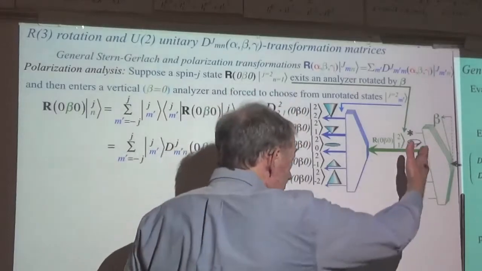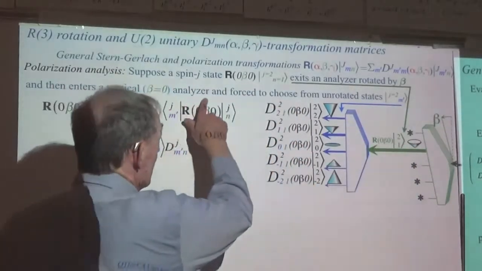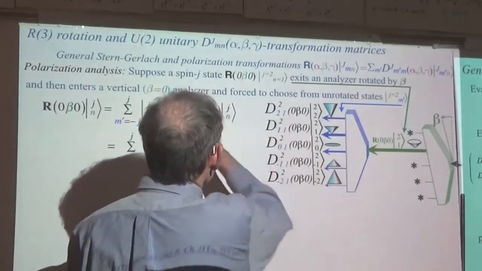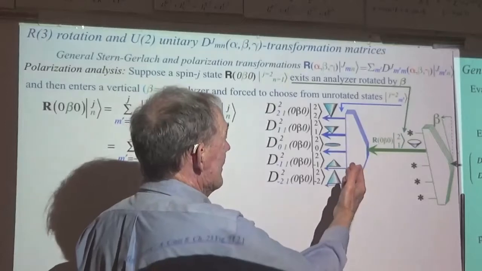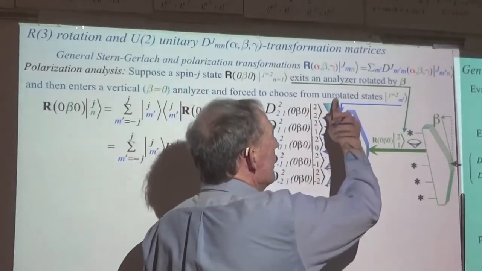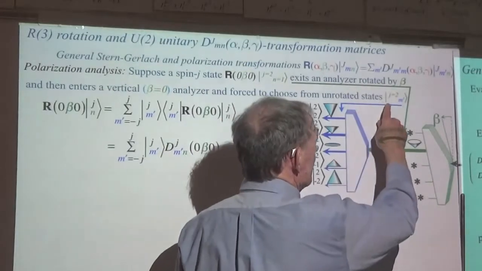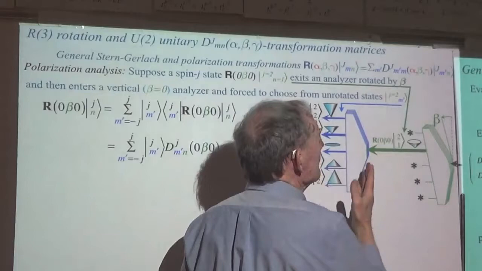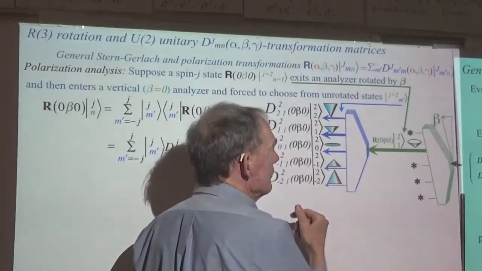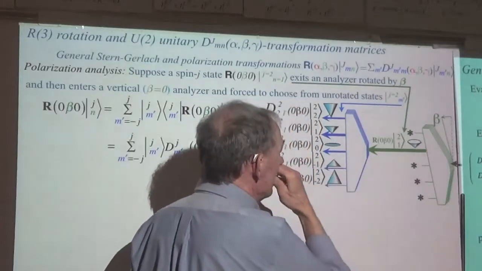Okay, so it comes out, and then it enters a vertical, perfectly beta equals 0 analyzer, and is forced to choose, as Feynman likes to say, from each of these blue states here, these unrotated states, J, M prime. I'm using blue for the left-hand final index M prime and the green color for the initial one.